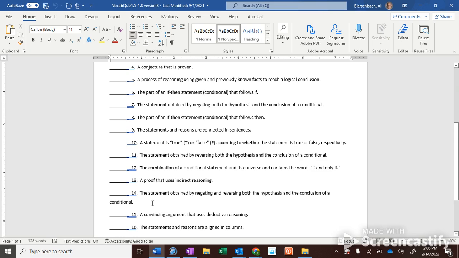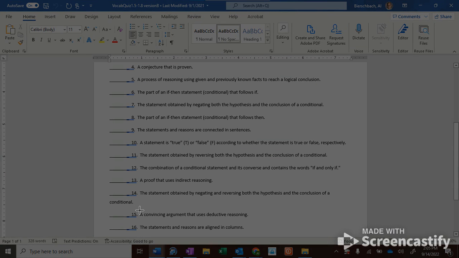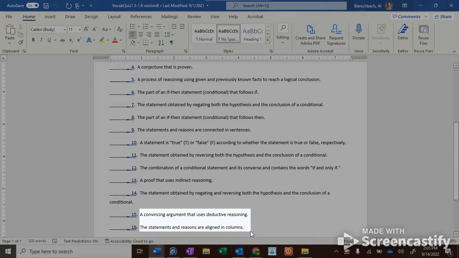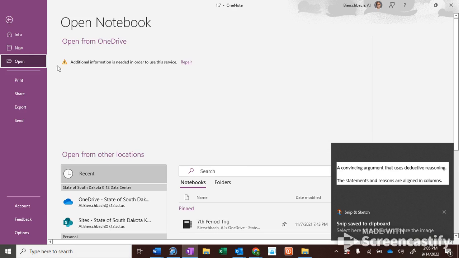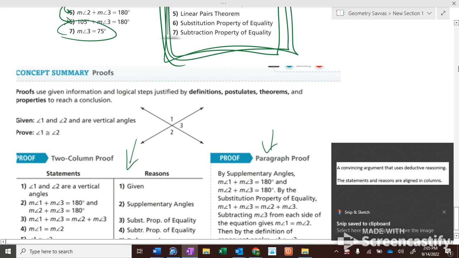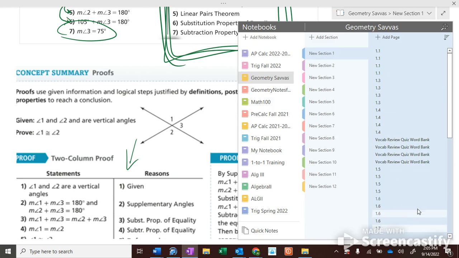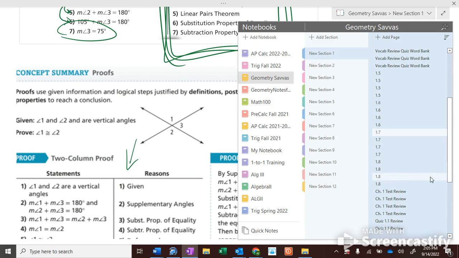A convincing argument that uses deductive reasoning is proof. Here, I'll even put it on the board for you so we make sure you get it.